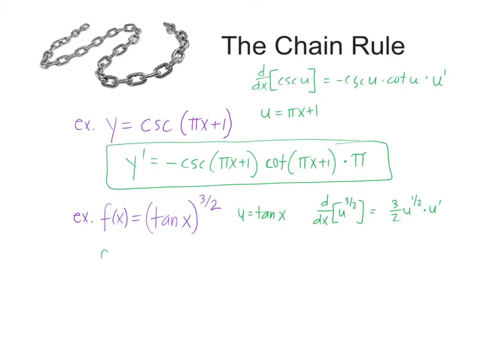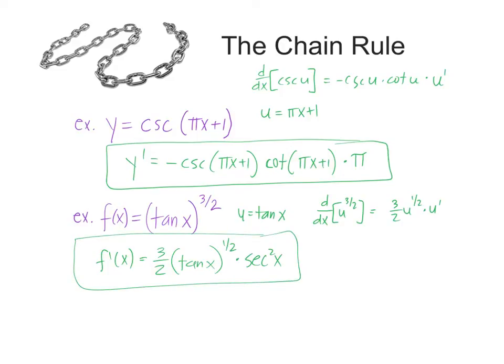So f prime, the derivative of f, is 3/2 times tangent x, to the 3/2 minus 1, which is 1/2, times the derivative of the inside stuff. The derivative of tangent is secant squared x. Okay, so that one could be cleaned up a little bit too. You could call it a square root, but we'll just leave it like this for the time being. All right, there's two good examples. Let's move on.